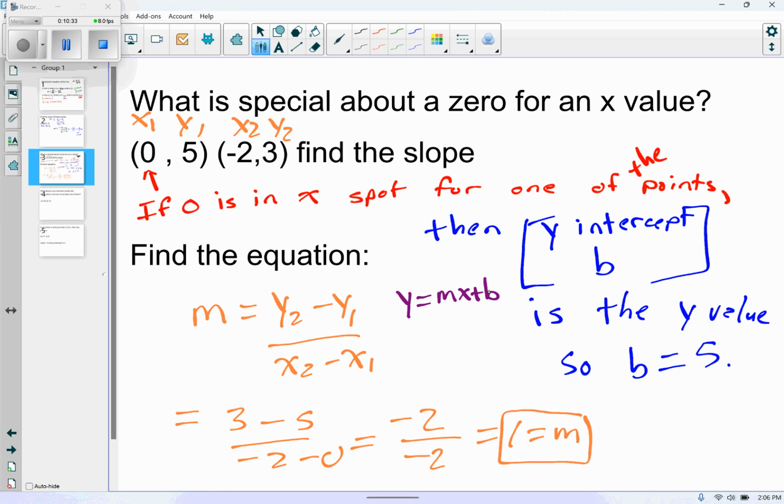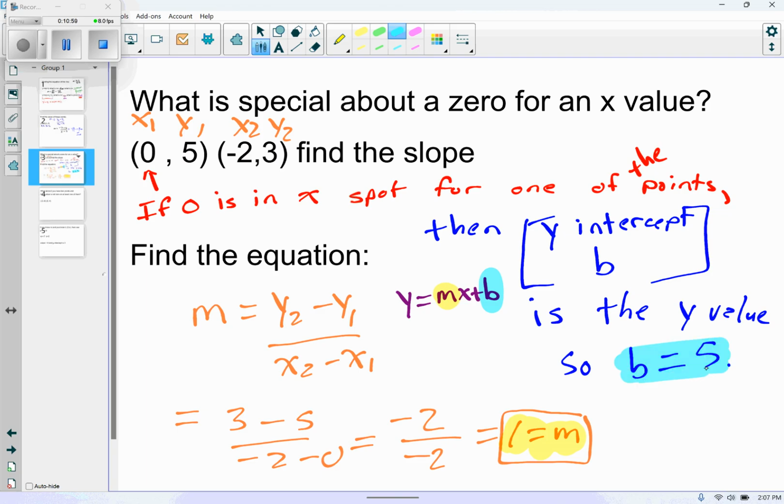Okay. So what did I say that the slope was equal to? 1. What did I say the y-intercept is equal to? 5.